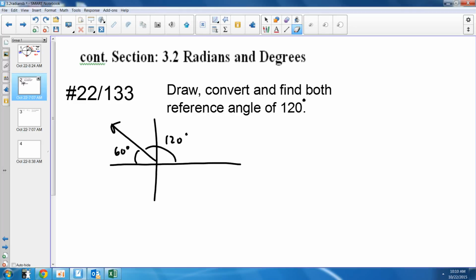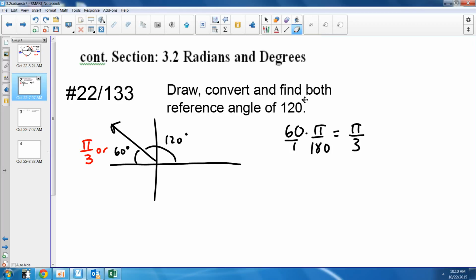And then I have to convert both of them. So what I could do is say 60 degrees times pi over 180 to convert. And you're going to see that that is going to equal pi over 3. So my reference angle is really pi over 3 or 60 degrees. And then I would automatically know what 120 degrees is.